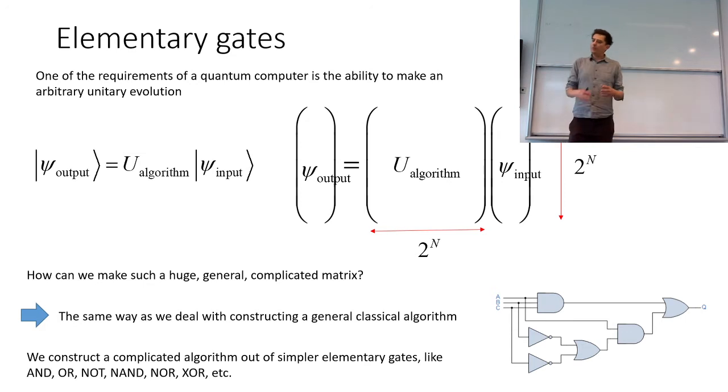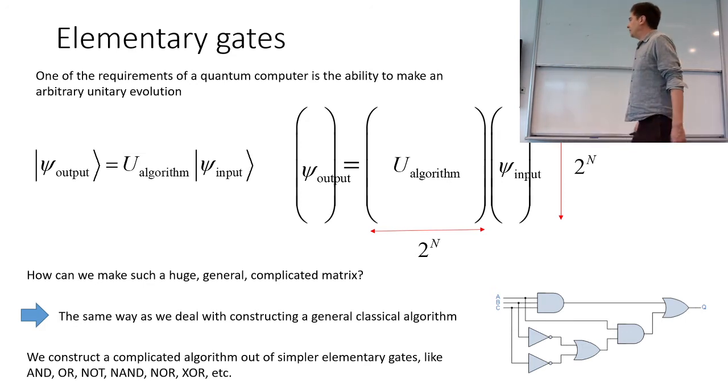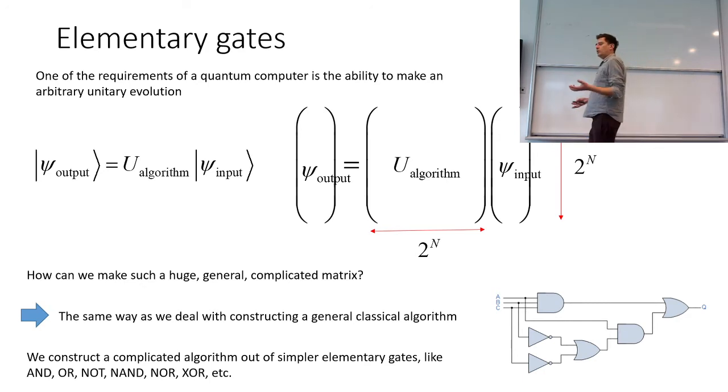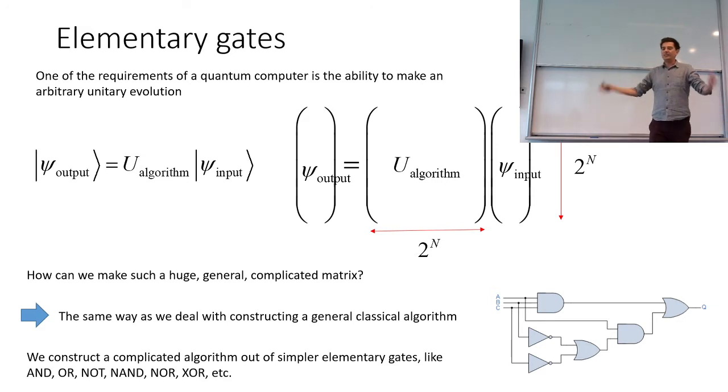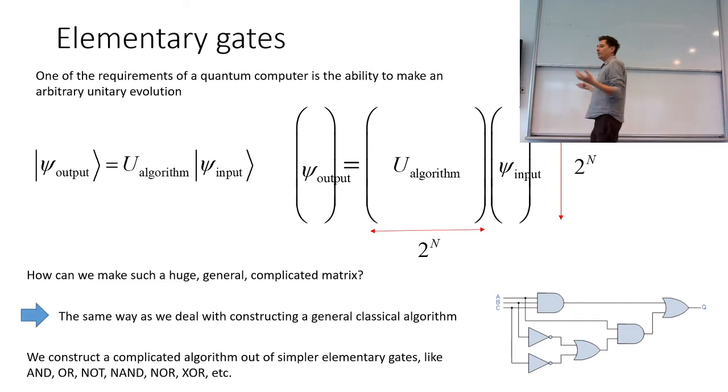We combine all those gates, and that's an intuitive thing for us humans to do, rather than saying, okay, I want an algorithm that does this, here's my matrix, boom. Humans are not really able to work like that.